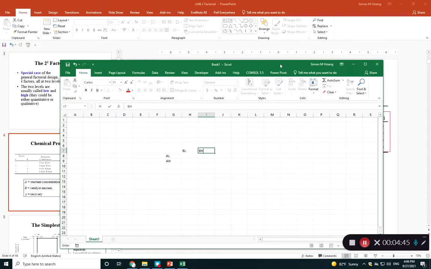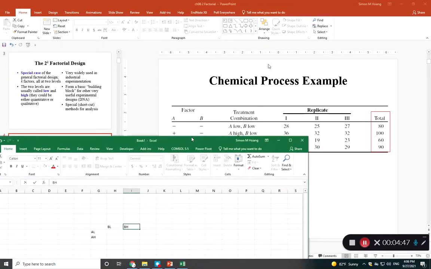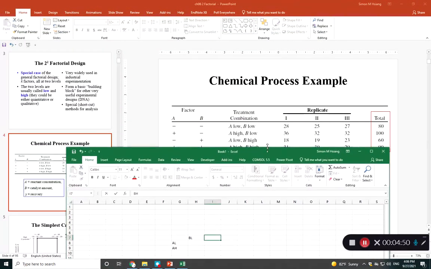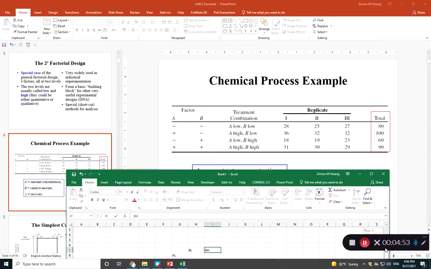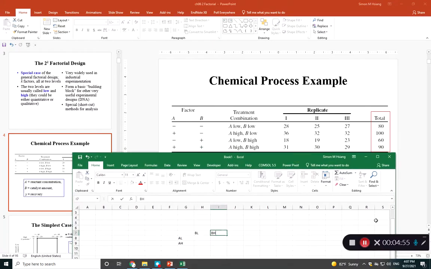And rather than putting 3 values, I'm just using 1 value. B low is 3 of them, about 80. And A high, B low is 100. And here low high is 60. And high is 90.